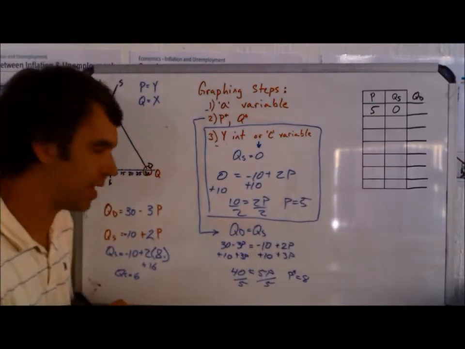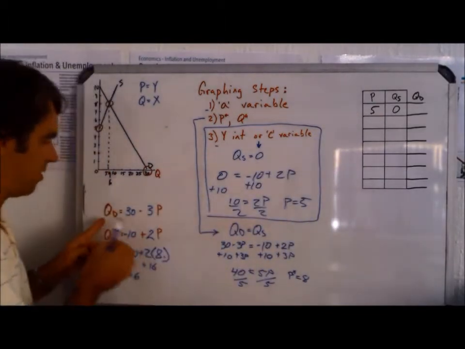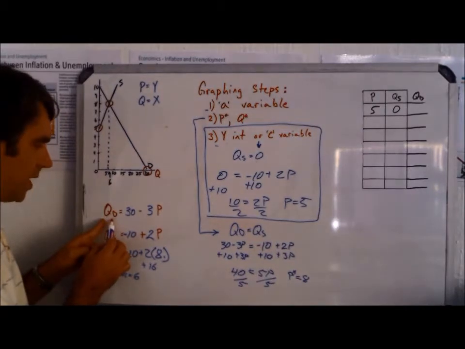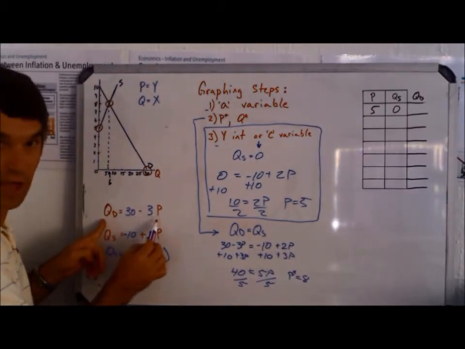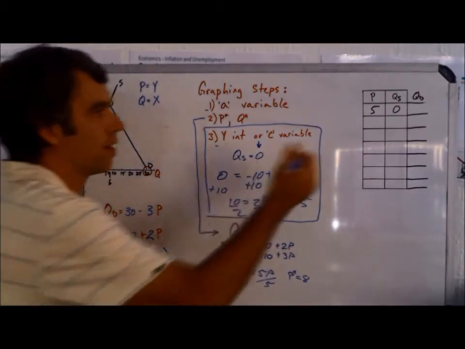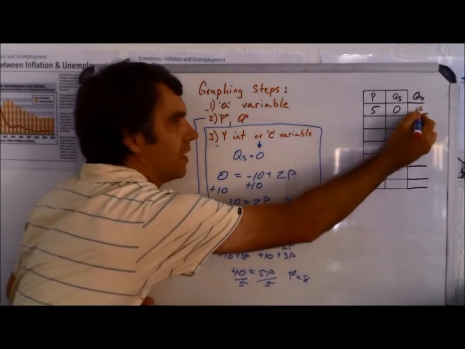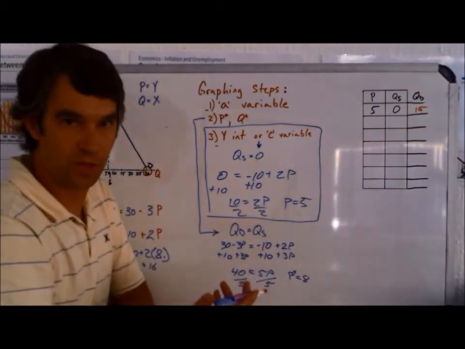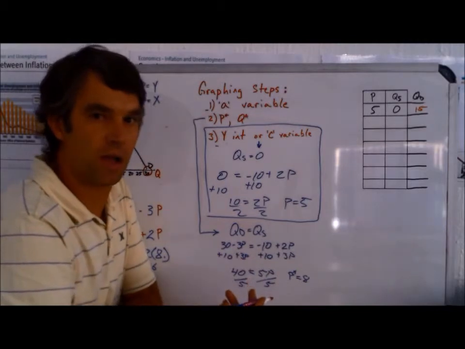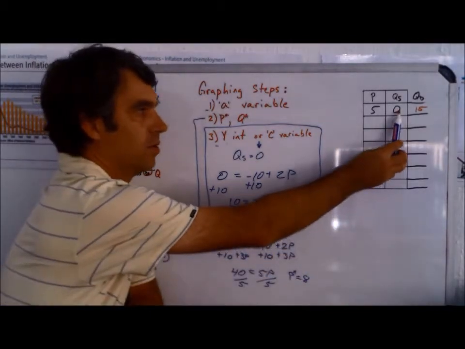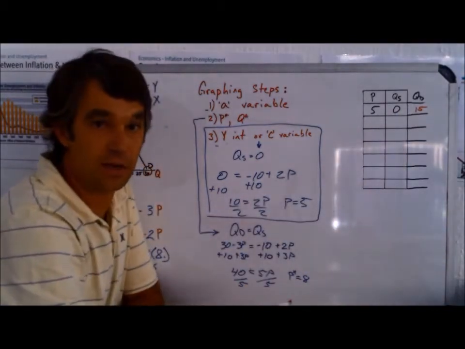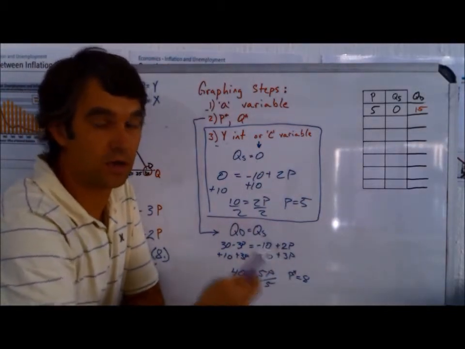Well, what about quantity demanded? Let's take 5 and put it in here. So quantity demanded equals 30 minus 3 times 5, 15. Therefore, quantity demanded is 15. So if we put the price at 5, what would be the outcome? We would have 0 supplied and 15 demanded. Therefore, we would have excess demand or a shortage.